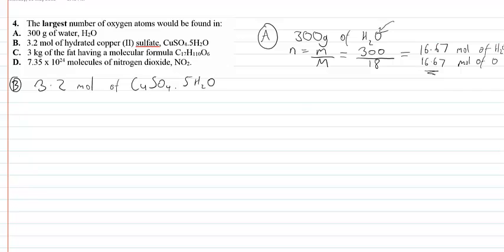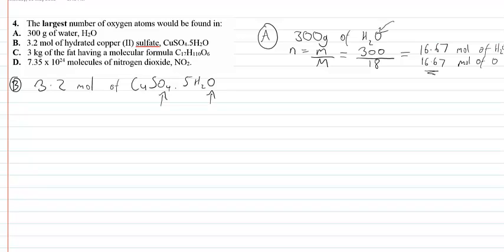What we do need to be aware of is that for every molecule of copper sulfate, inside every molecule, there are 4 oxygen atoms there and 5 there. So we've got 5 H2Os. So 5 H2Os means we have 5 oxygens there, and this O4 means we have 4 oxygens there. So we have 9 oxygen atoms in total in every molecule of copper sulfate. Okay, so we know we have 3.2 mole of copper sulfate.